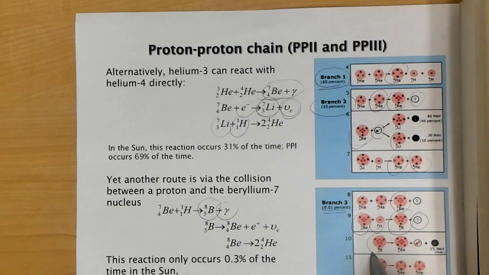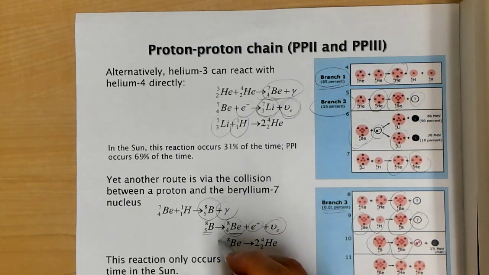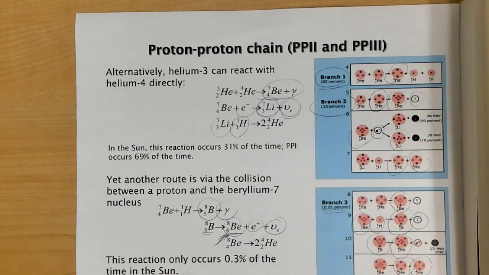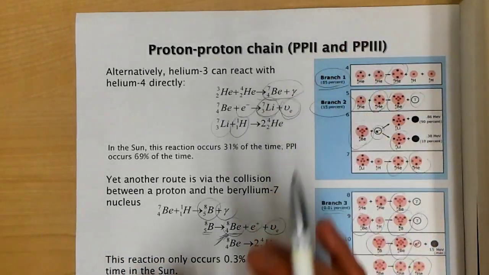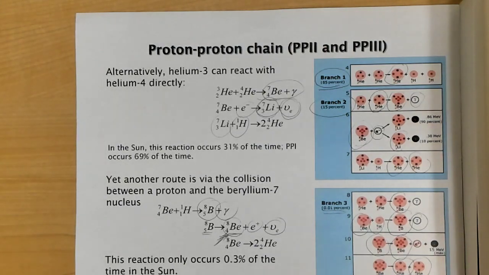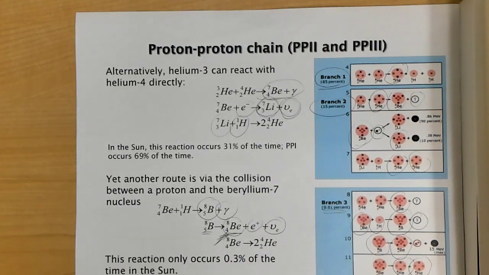And now the boron-8 is unstable with respect to the weak interactions, so it decays into beryllium-8 plus a positron and an electron neutrino. But the beryllium-8 itself is unstable with respect to the strong interactions. It falls apart into two alpha particles, or 2 helium-4 nuclei. And so this reaction happens only a very small fraction of the whole pp chain.